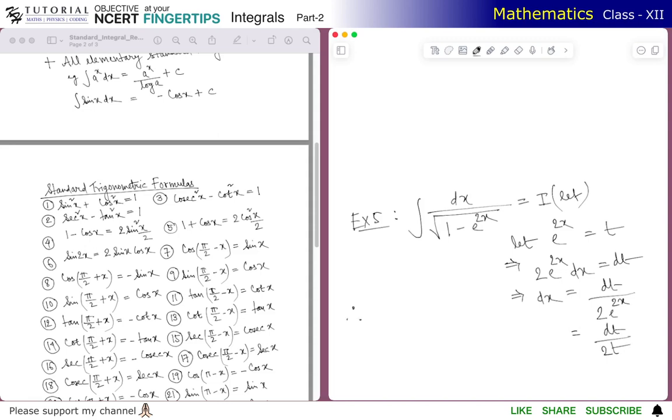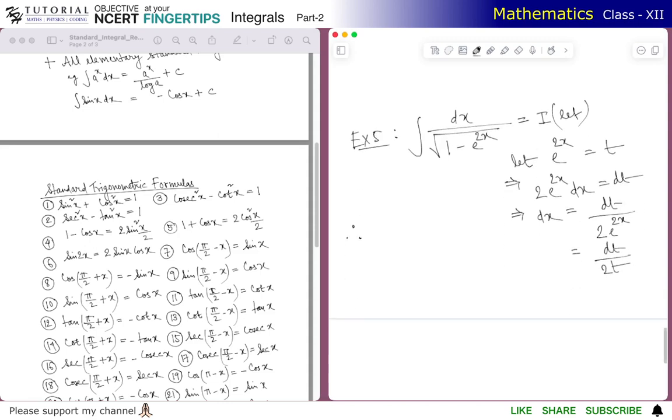So therefore, if we do the substitution in the integral, we get I equals, dx is dt by 2t, and this 1 by root over 1 minus t, this is this, and we have dt by 2t.